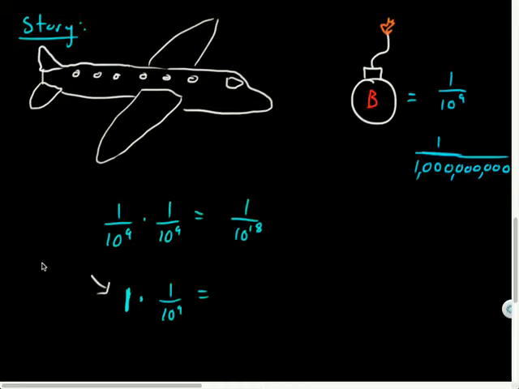His bomb is a guaranteed outcome. He's kind of working the system against it. He chose to put that bomb on the plane, not the other way around. So I can't say his bomb being on the plane was a 1 in 10 to the 9th because from his perspective, he forced it to be there. So he's actually not changing the outcome at all of the other bomb being there, sadly.